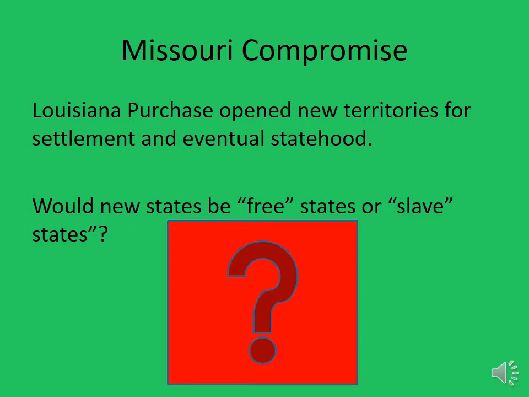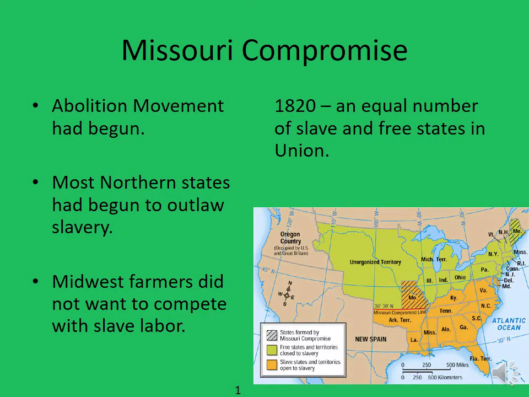This is where the Missouri Compromise comes into play, and I'm going to go into a little bit more detail about it. The Missouri Compromise occurred because of this new territory that was purchased, called the Louisiana Territory. If we look at the map down here, states are beginning to form.